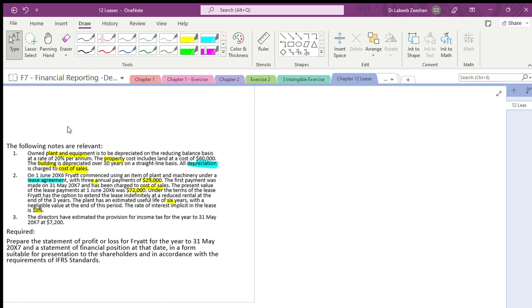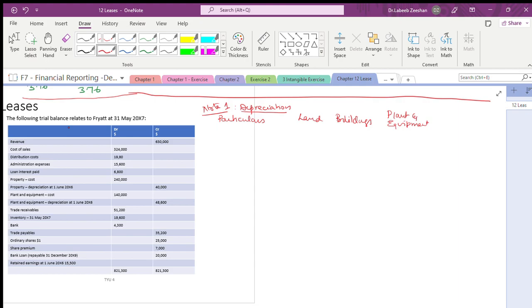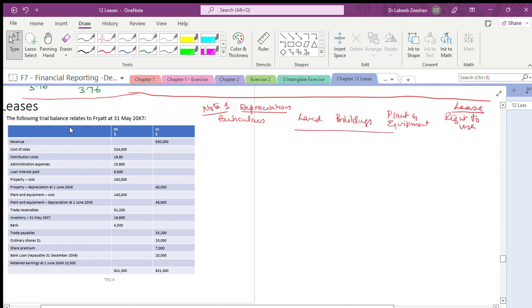Under the terms of the lease, the option to extend the lease at a reduced rental. The plant has an estimated useful life of 6 years. It is nothing but, in terms of lease, right to use.